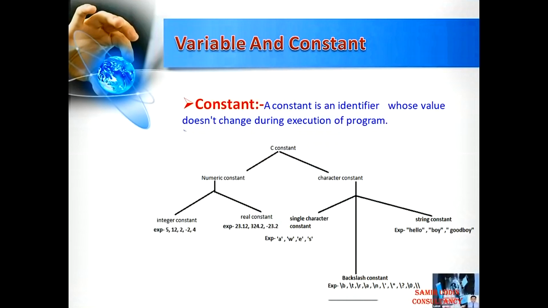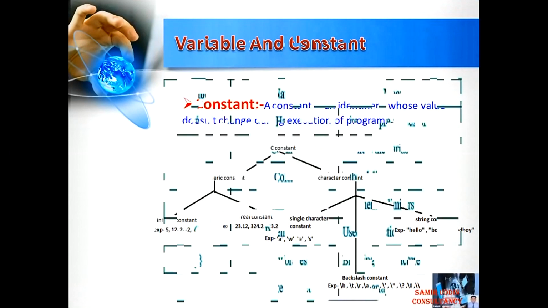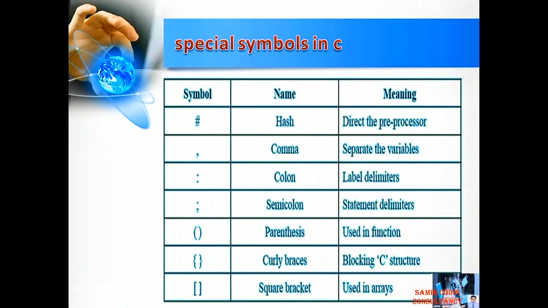And some backslash constants. There are some special symbols used in C programming, such as hash, used to include libraries like standard input and output. There are some other purposes also. Next is comma, which separates the variables. Colon labels the delimiters.